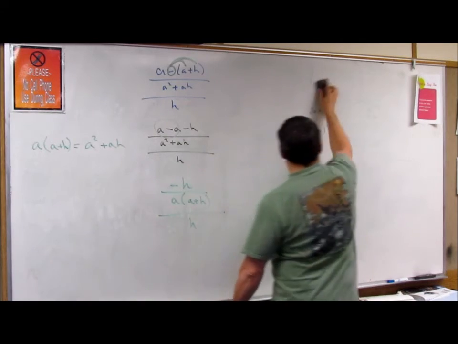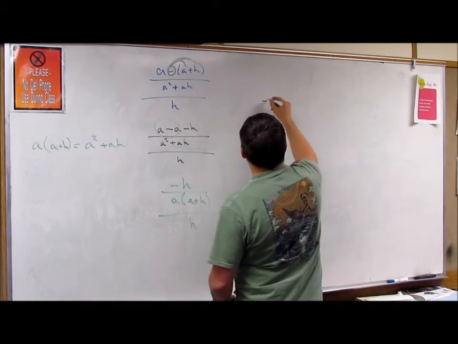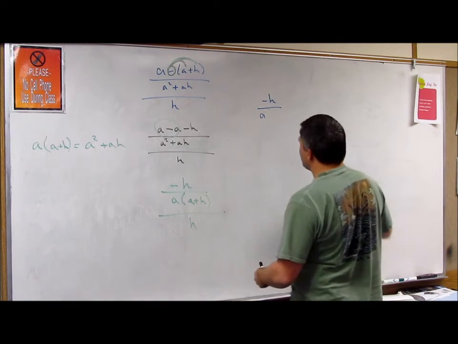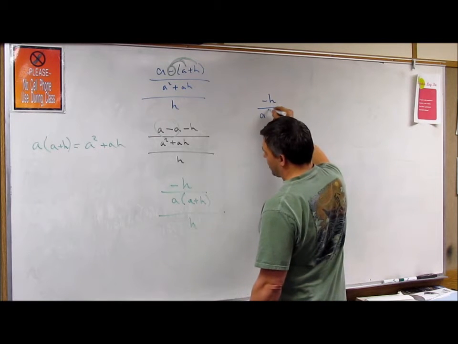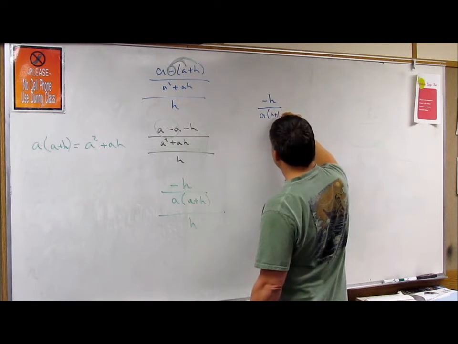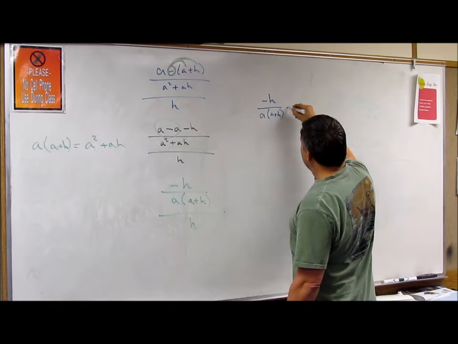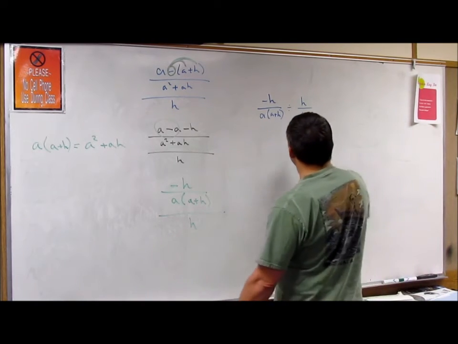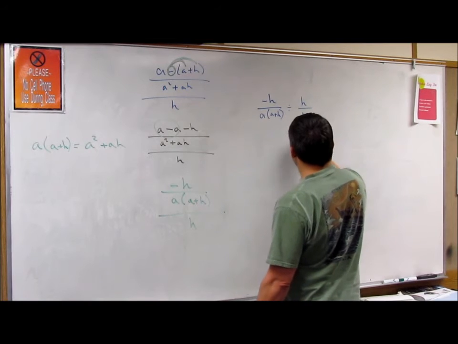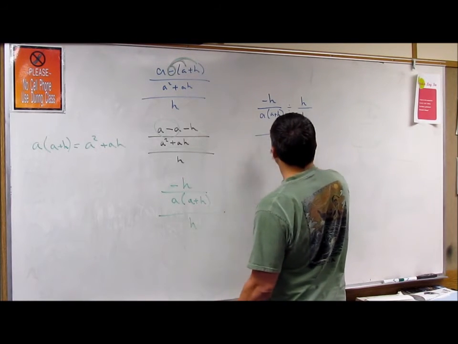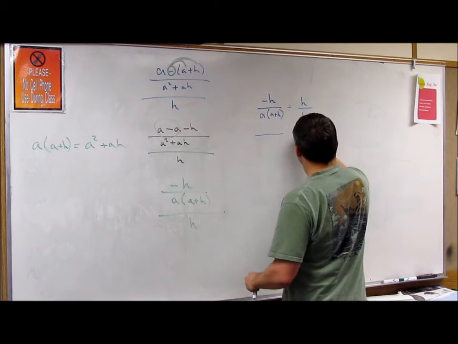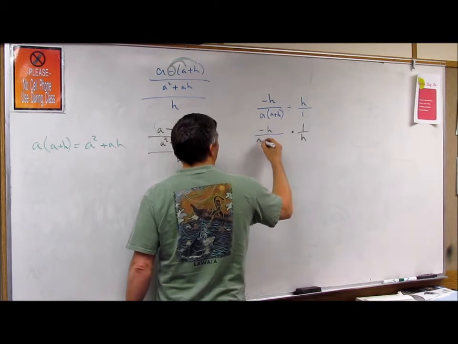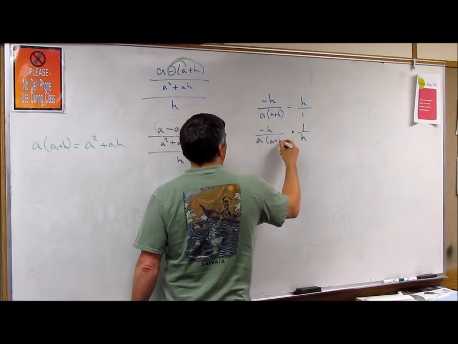So what I really have is negative h over a times a plus h, divided by h, which is h over 1, so really it's times 1 over h.